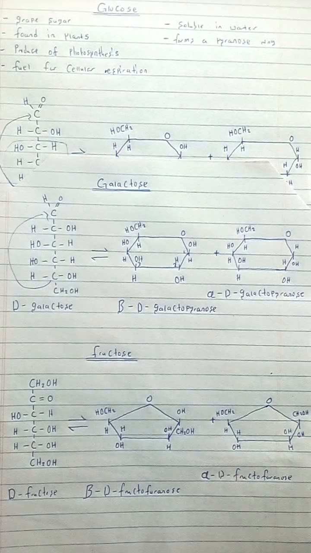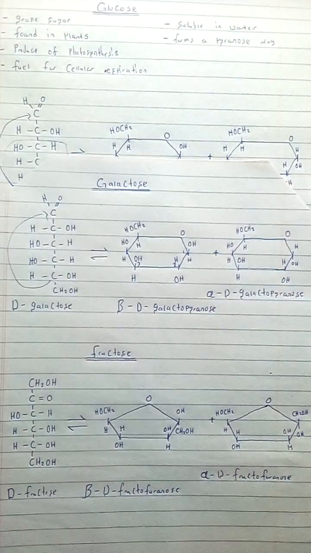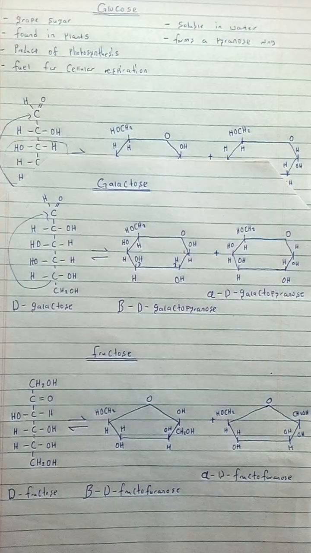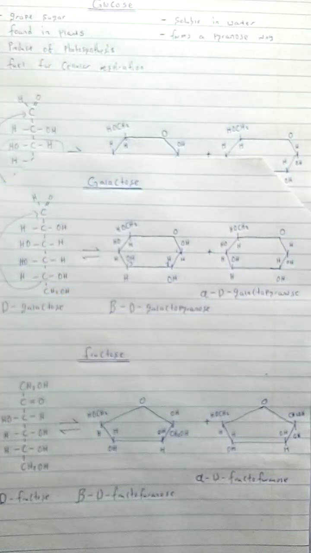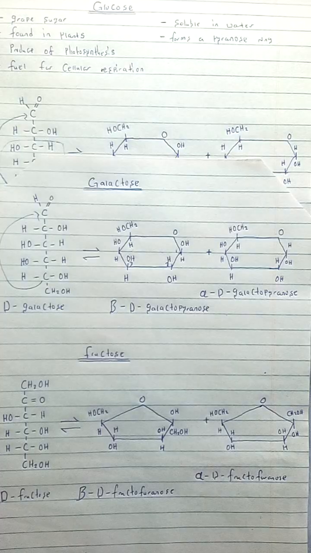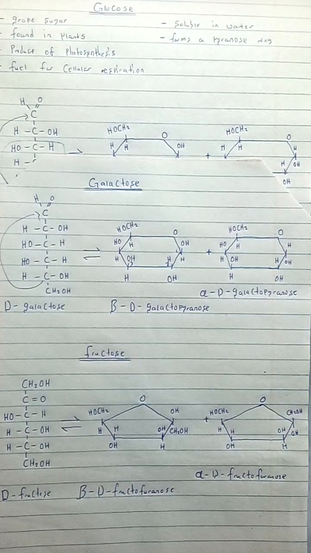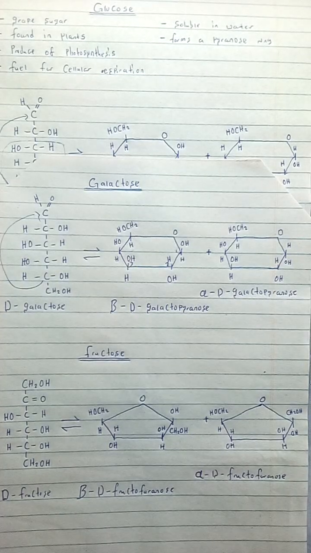All right, guys. Before we move to disaccharides, we can briefly talk about hexose isomers. What are isomers? Isomers are simply molecules that have the same molecular formula, but different arrangement of the atoms in space.